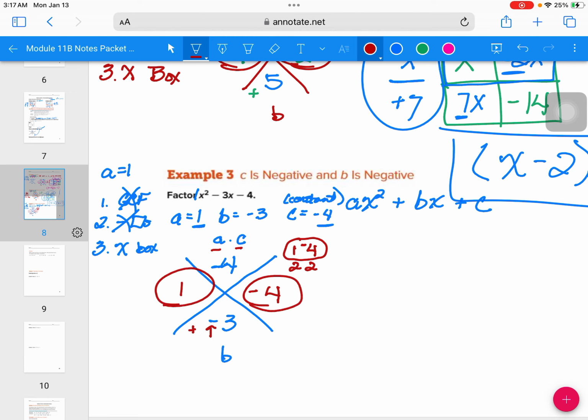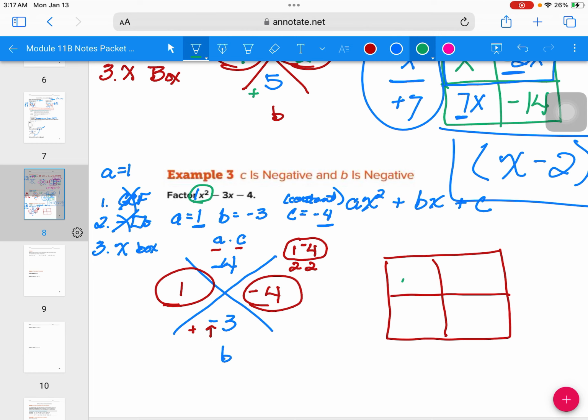Okay? So when I am next drawing my box, I put the entire first term of the trinomial in the first box. I put the last term, the constant, in the last box.